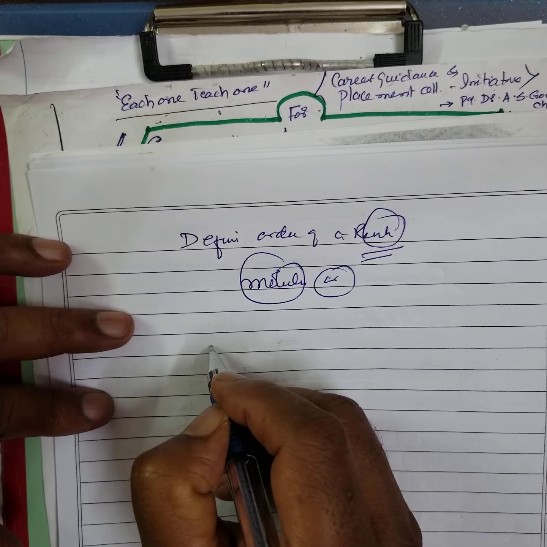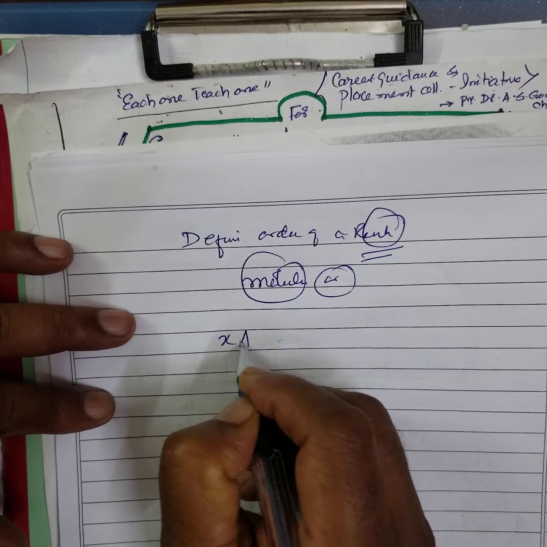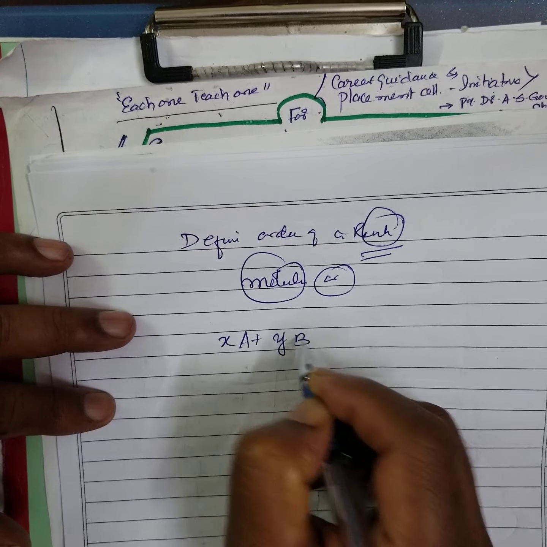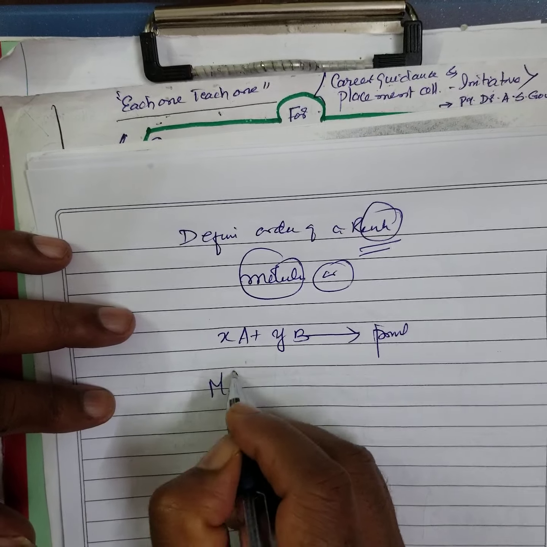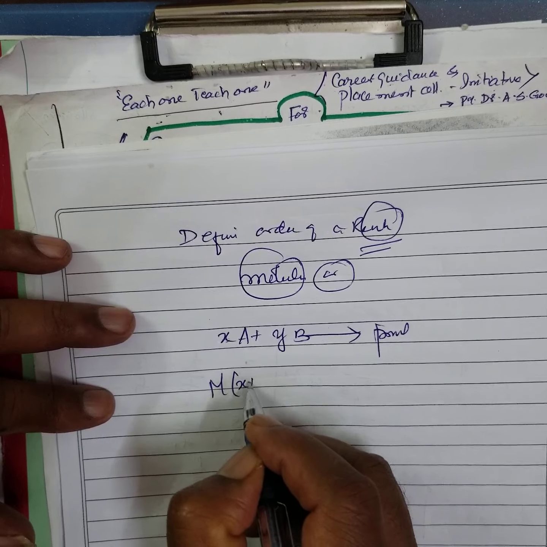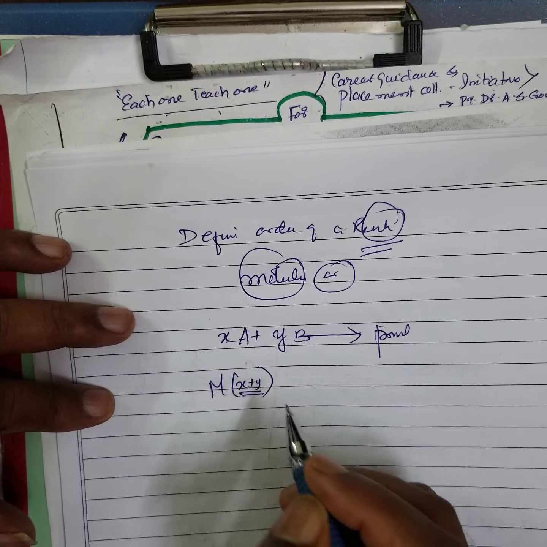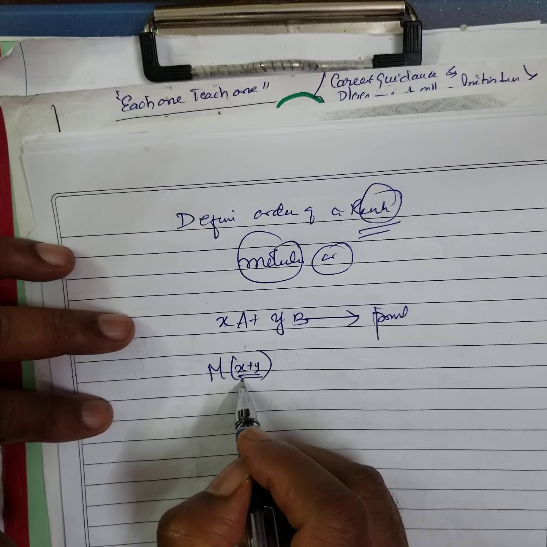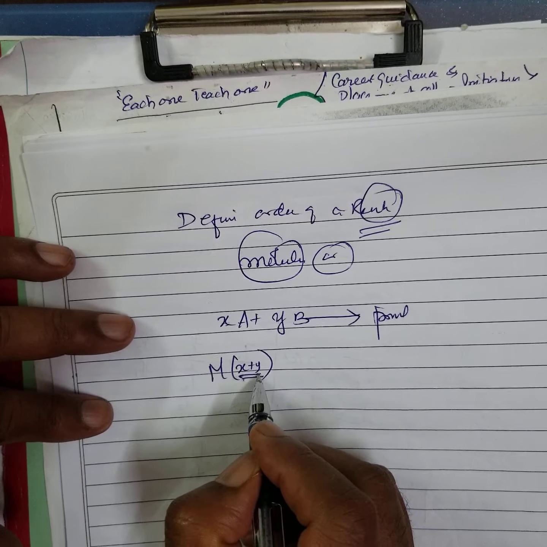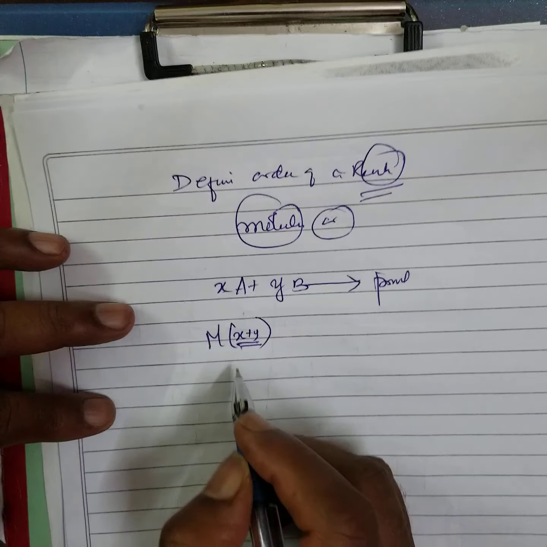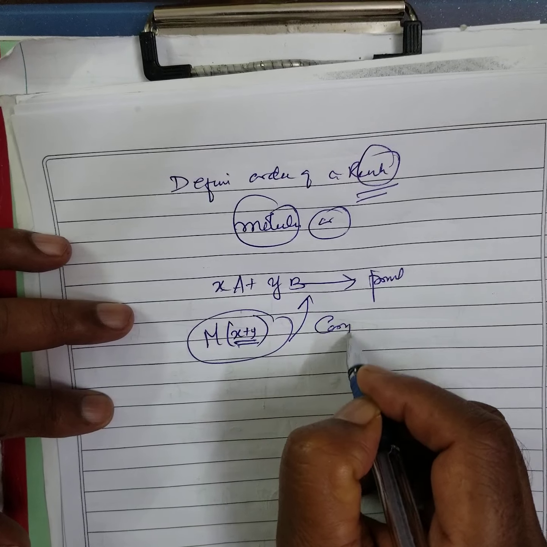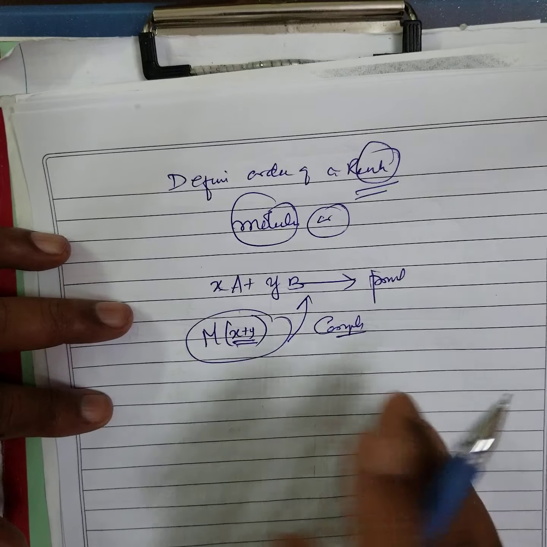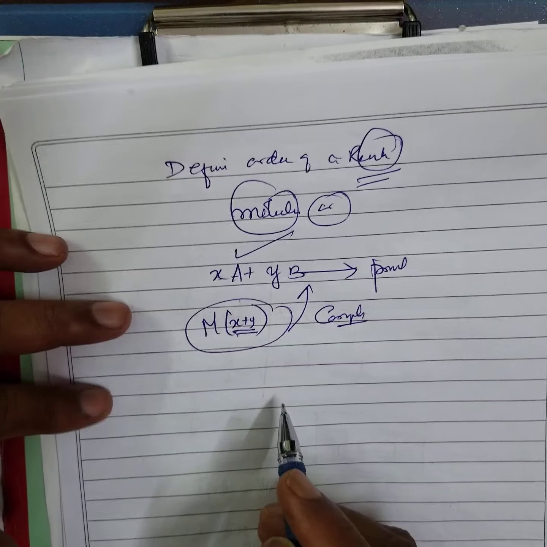Suppose XA plus YB gives product. What is the molecularity of the reaction? X plus Y. This is called molecularity of the reaction. You can find out the molecularity from the completely balanced reaction.